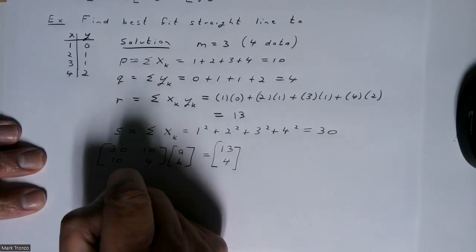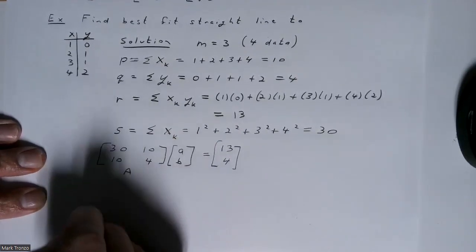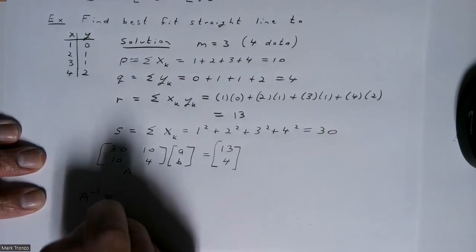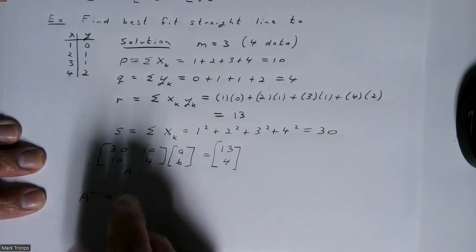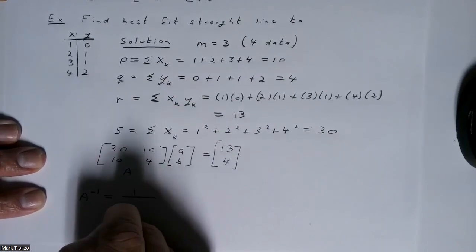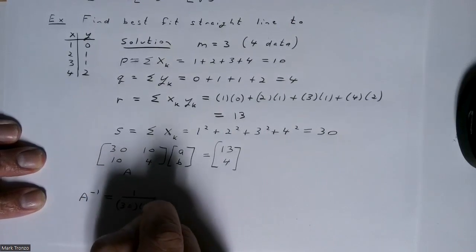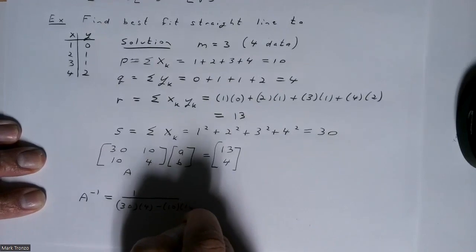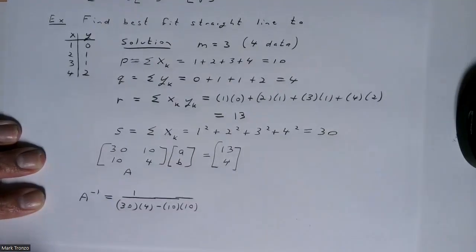So again, if we call this matrix A, then A inverse, remember, is going to be 1 over the determinant. The determinant would be 30 times 4 minus 10 times 10.